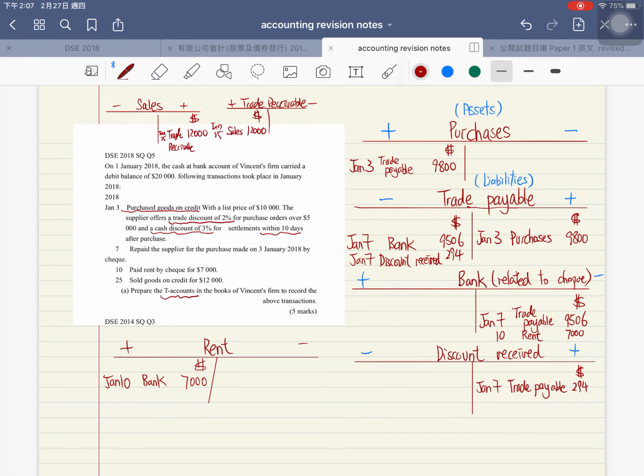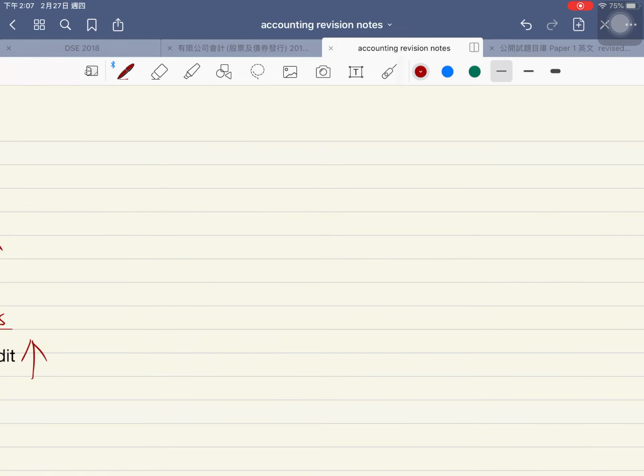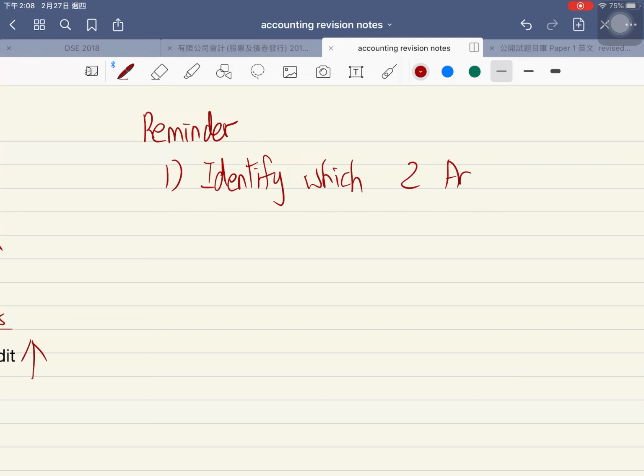Okay, so here is the answer of part A, and I hope to use this example to tell you about double entry. So for reminder, first you have to identify which two accounts will be used.